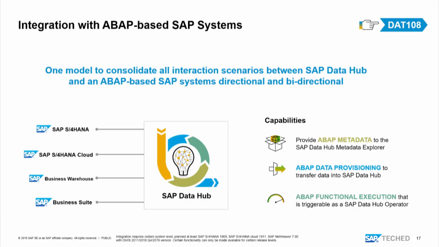We leverage functionality you might already know from SLT, the SAP LT Replication Server, a product where we were able to replicate NetWeaver-based data to HANA or any database. We now use that functionality, containerized it, and put it into Data Hub. With that, we have one framework to handle the integration with those ABAP-based systems.